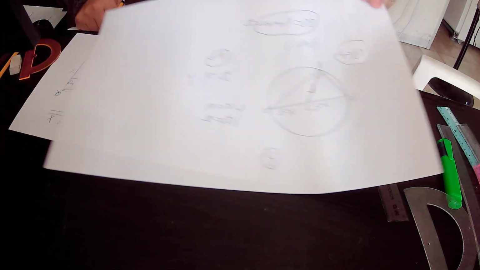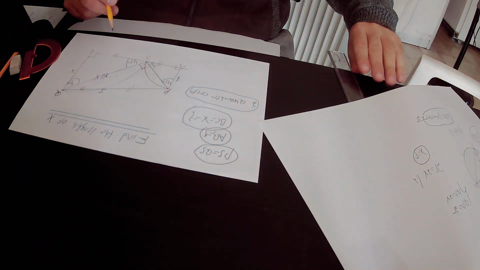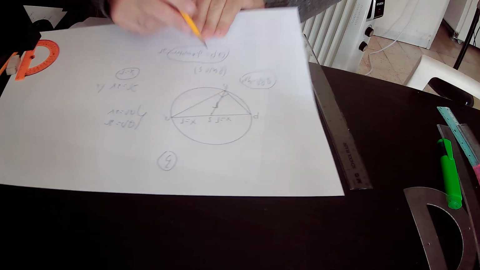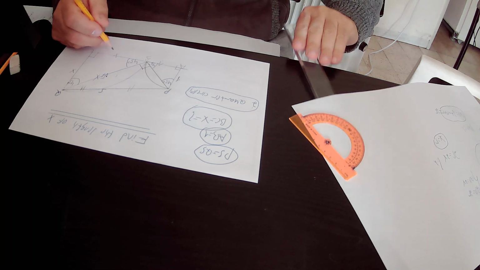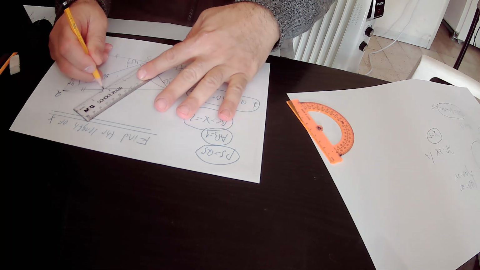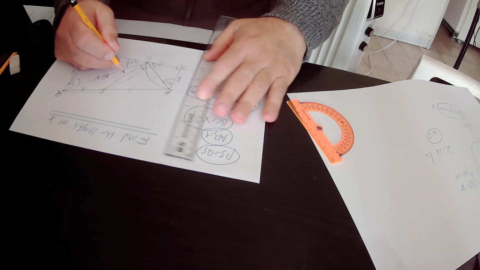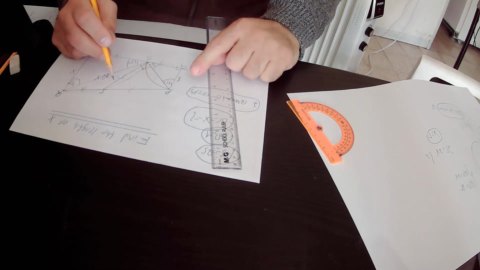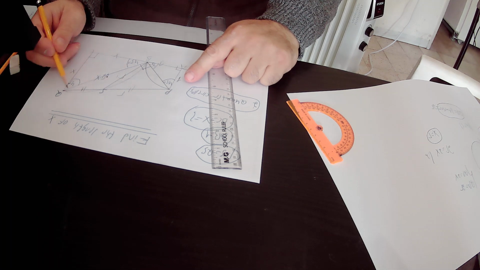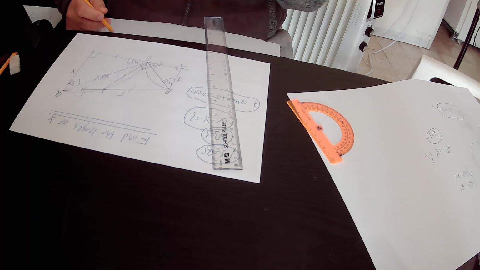Okay, so here we join points S and B together, and found out that SB is the radius of this circle that is equal to R. And PS is also the radius of the circle that is equal to R, and SQ also equals R. Okay.